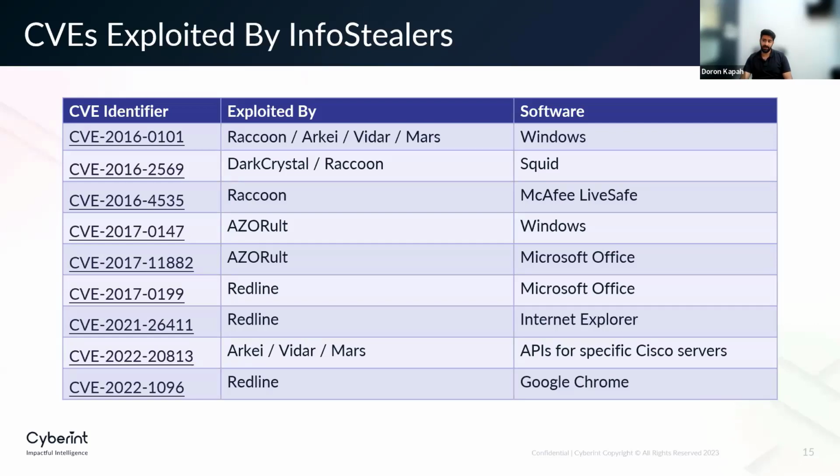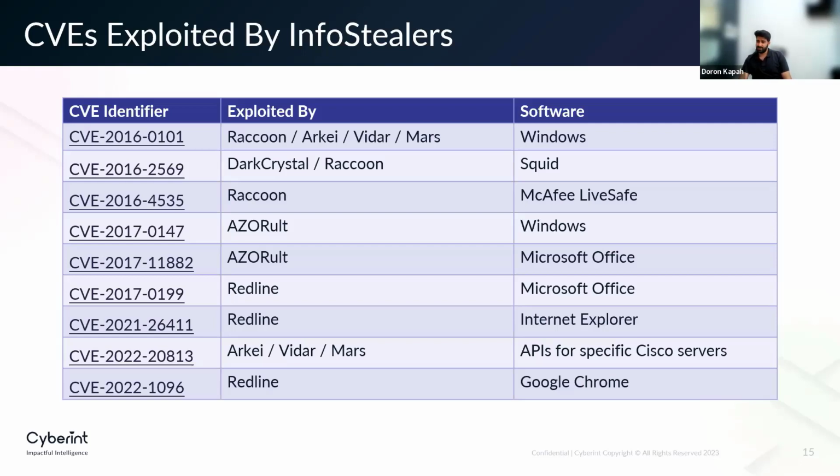By the way, some of those are built on top of others. InfoStealer builders or developers love to take previous code from different InfoStealers, adjust it, and try to provide a new or better version of the InfoStealer.